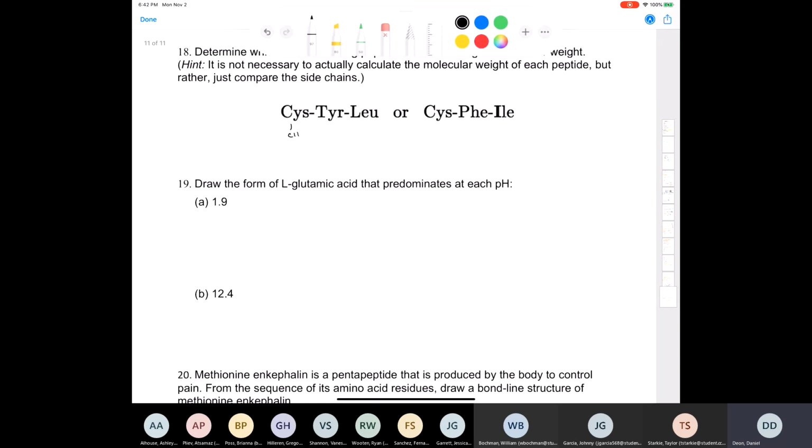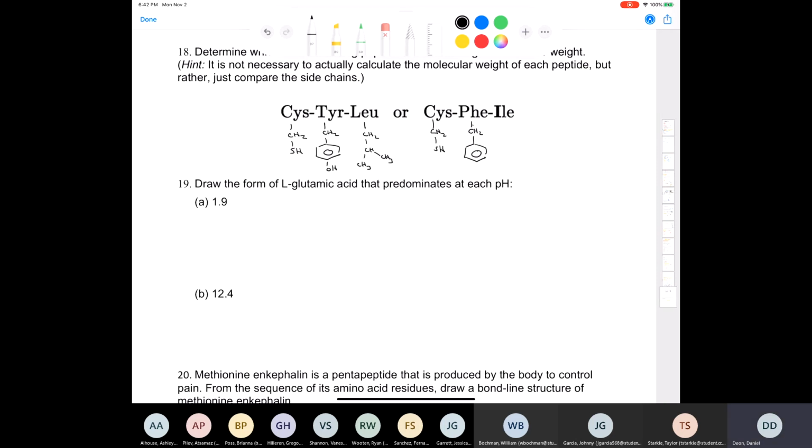So for cysteine, we have CH2, SH, right? That's the same on both of them. For tyrosine, we have CH2 with an aromatic ring and a hydroxyl. For leucine, we have CH2, CH, and two methyls. For phenylalanine, we have CH2 and then a phenyl.